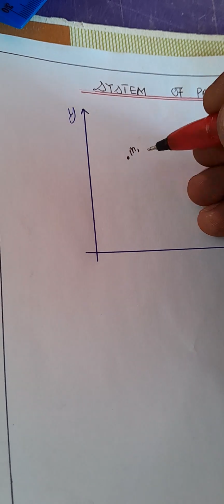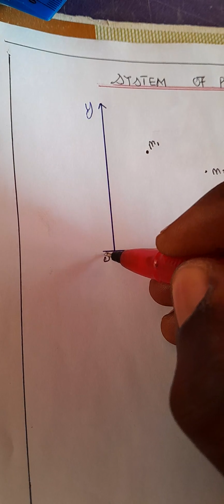Let's call it M1. And another particle is here. Let's call it M2. Definitely this will be the origin. Let's call it O. Now we want to derive formulas that will let us calculate the center of mass.